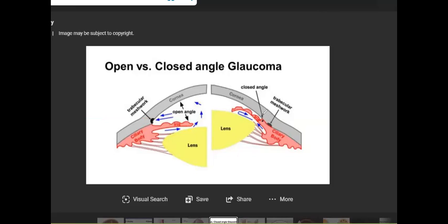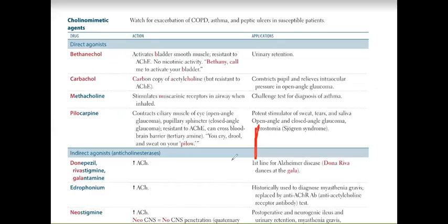So it opens this trabecular meshwork, the sphincters of the pupil and all these muscles, they contract and they make this a space. It goes in back, and then it helps the humor flow through this trabecular meshwork. So this is how we open our trabecular meshwork in patients with these.